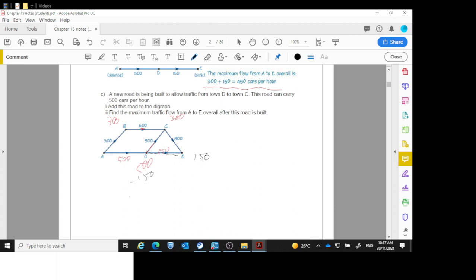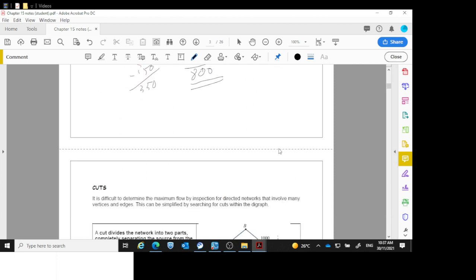All 350 can come along this road. So when I add them to this, I've got 650 there at the moment. Can I take all those 650 along the road from C to E? Yes, I can, because I can take 800 along that road. So I can bring all 650 there. So altogether, when I add them up, I get 800 cars flowing from A to E.